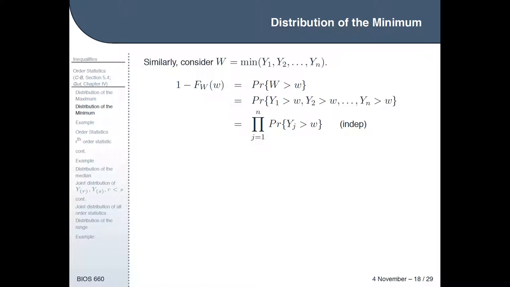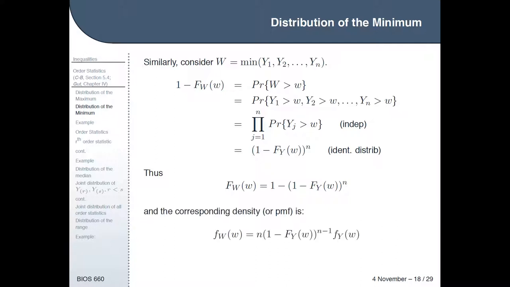Once again, we can find that by taking the product of the individual probabilities, which is just 1 minus each of the individual CDFs to the nth power. So the CDF of W is just 1 minus (1 minus the original CDF) to the power n. And to get the density, once again you just differentiate.